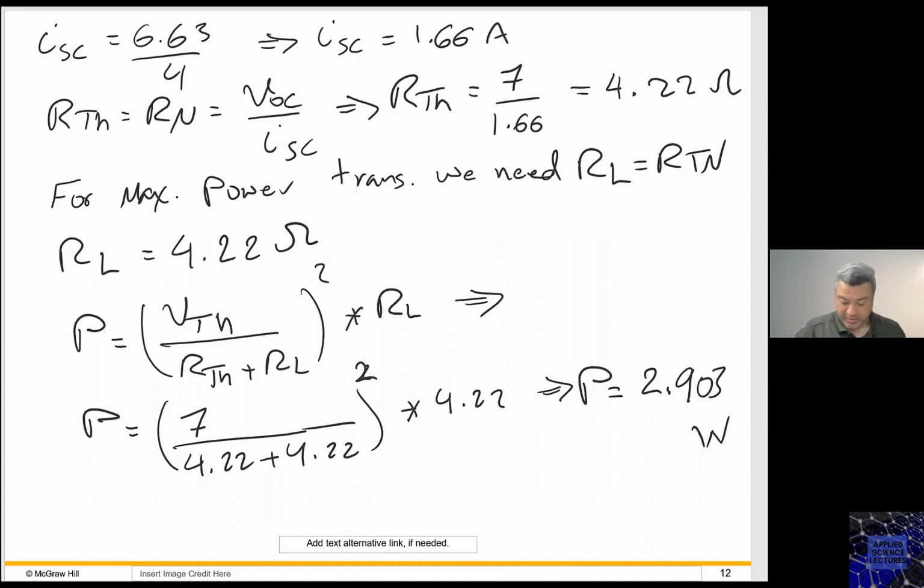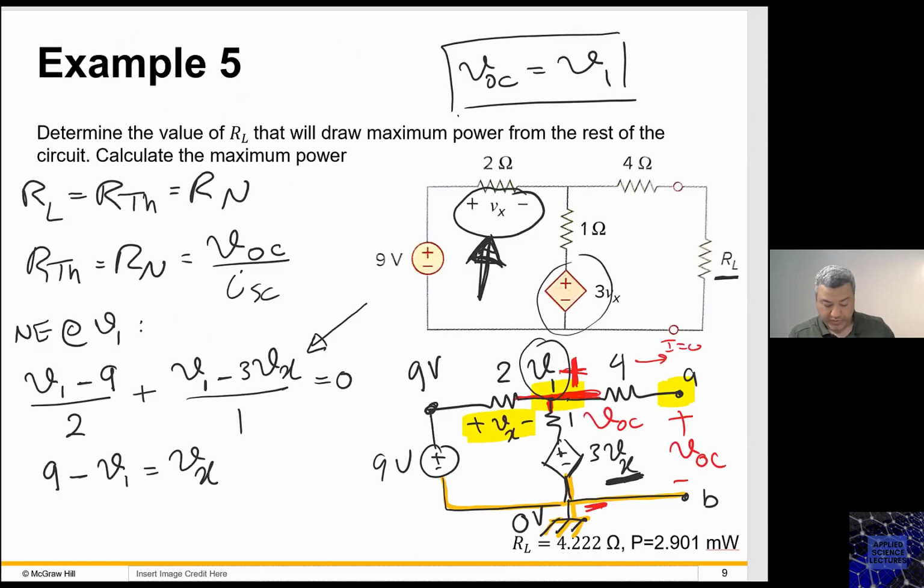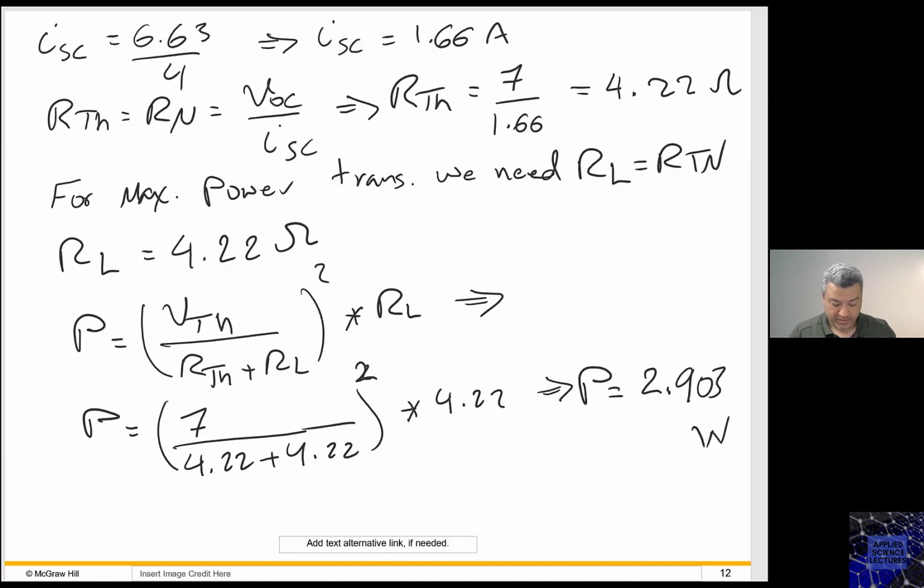Okay, let's see. What is 2.9? I think this is watts, not milliwatts. Right?